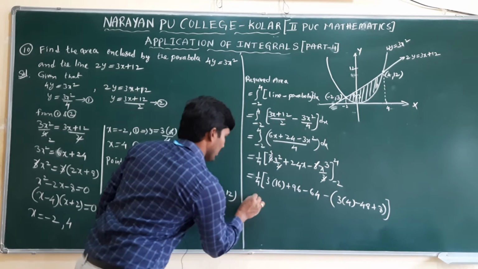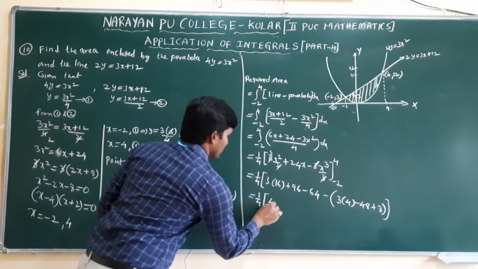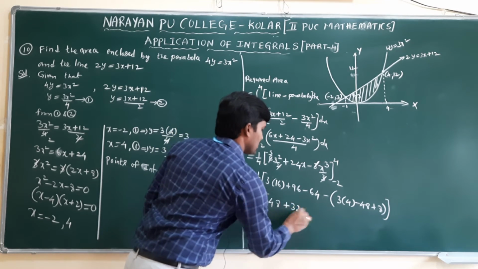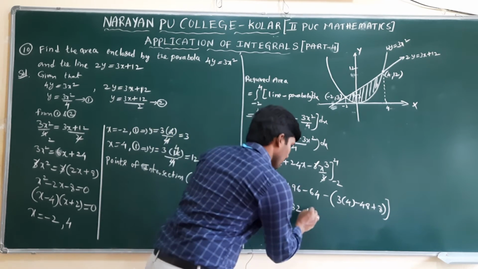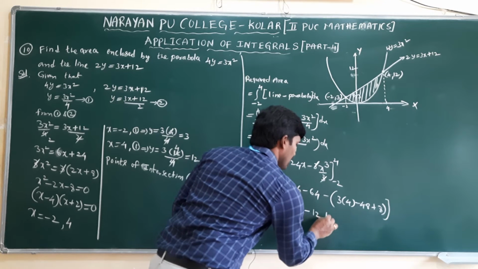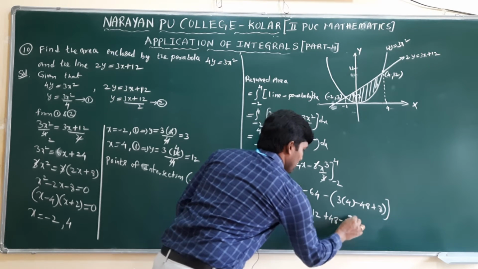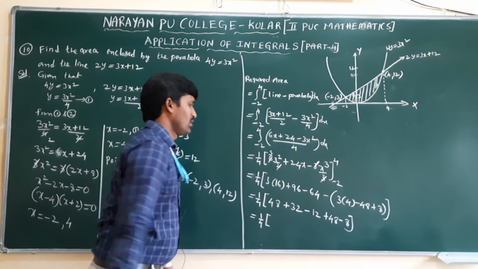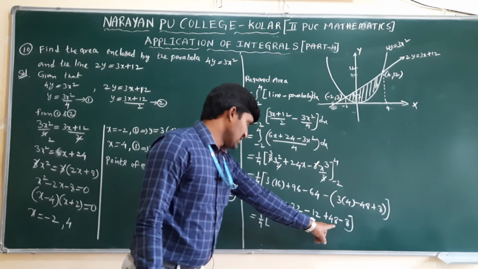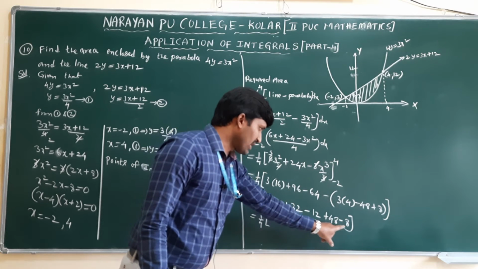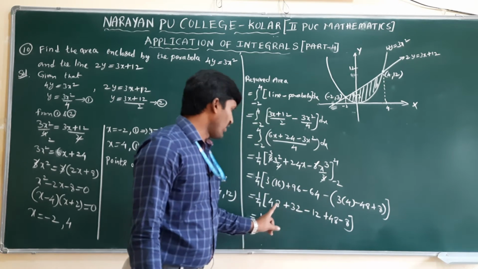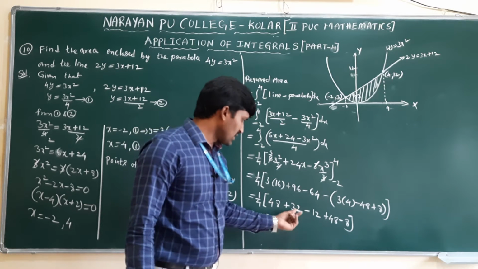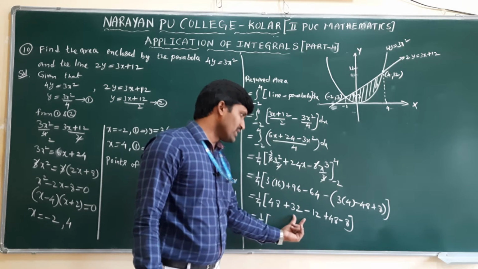Directly I am writing a few values. 1 by 4, this is 48. From 96 remove 64, how much will you get? 32. Now here minus 12 plus 48 minus 8. Now 1 by 4. Here 48 plus 48 is 96, or 48 minus 8, how much? 40. 40 plus 48 is 88. 88, 32 minus 12 is 20.